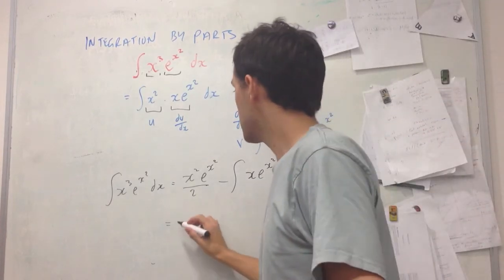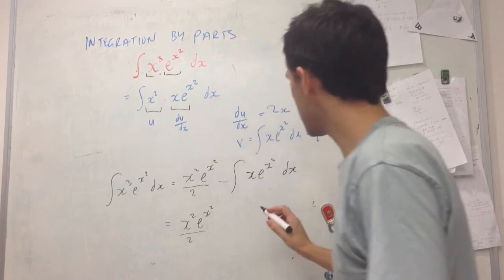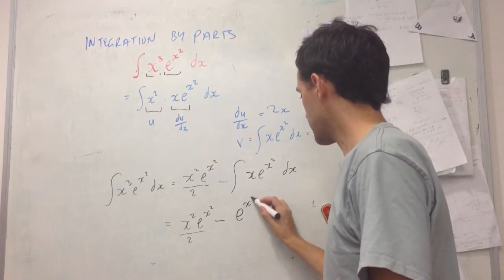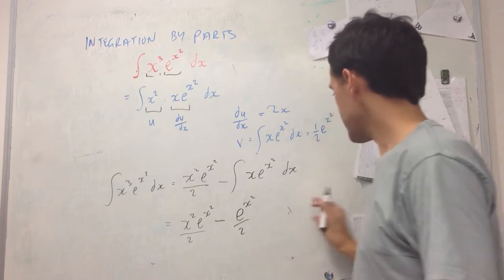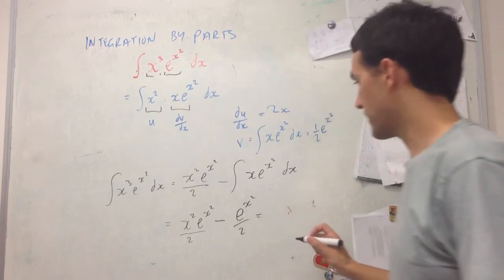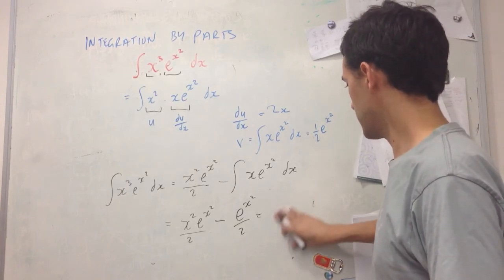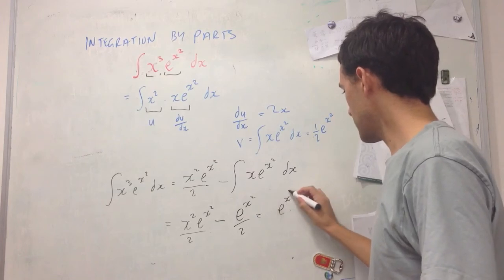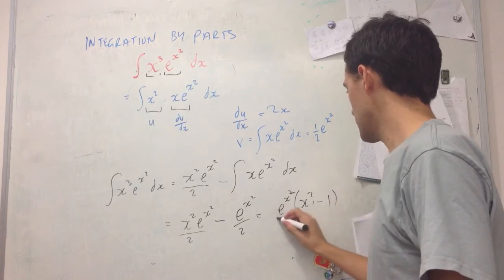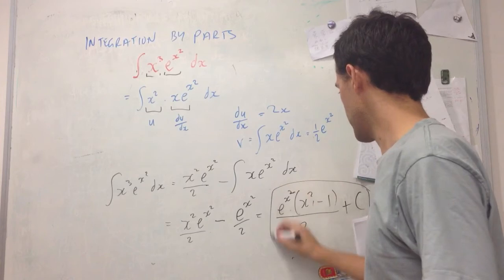So this gives me x squared on 2 e to the x squared, and then minus e to the x squared on 2. Then I can do a little bit of simplification as well. So let's make this e to the x squared outside of x squared minus 1 all over 2. And then of course plus the constant of integration.